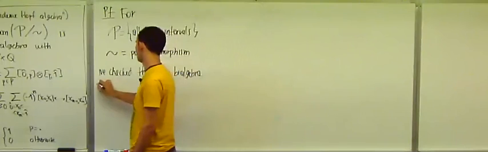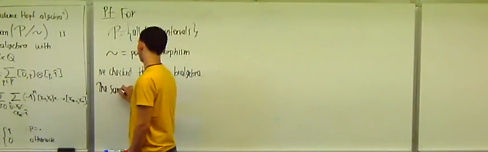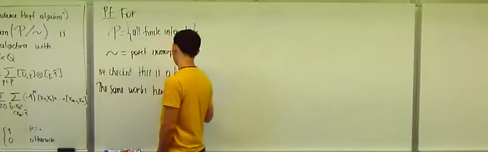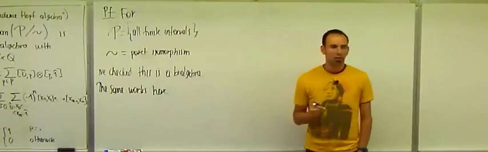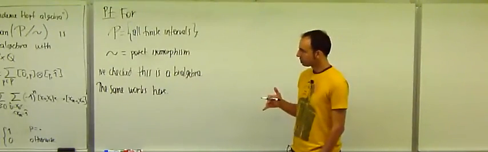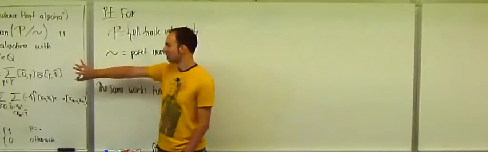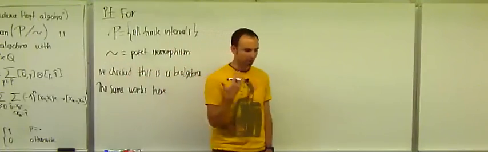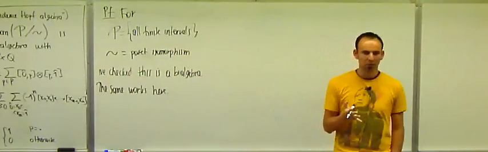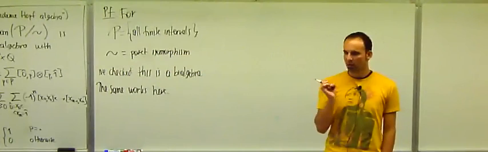And I just want to argue that the exact same proof works here. You really don't have to do anything about that, okay? I'm asking you to trust me that what we did earlier works to prove that we have this bialgebra structure.